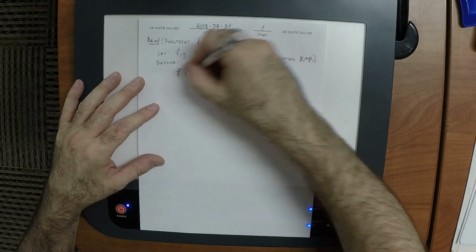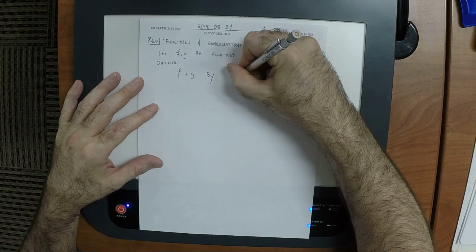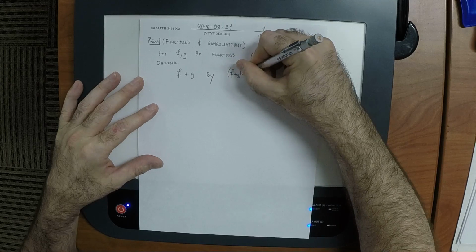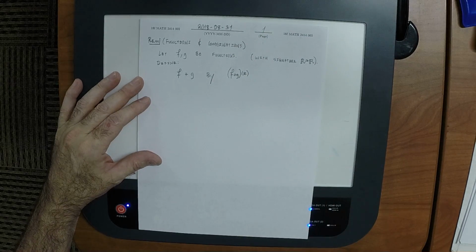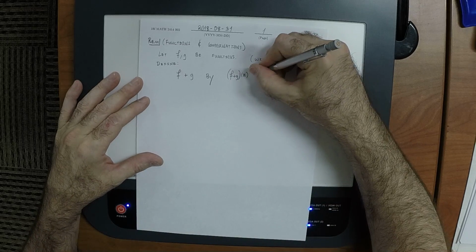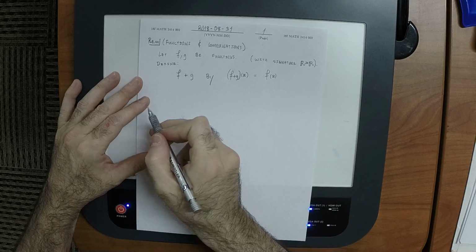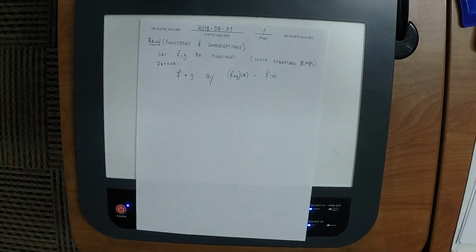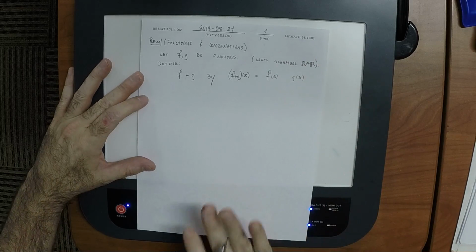So we'll define this by saying that if you took f plus g and you wanted to evaluate it at x, the way you do it is you say, first I'll evaluate f at x and set that aside, and then I'll take g and evaluate it at x and set that aside.